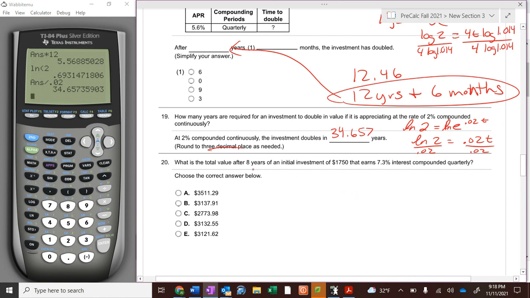Okay? What's the total value after 8 years if the initial investment is $1,750 that earns this much compounded quarterly? 1750 times 1 plus 0.073 divided by 4 to the 4 times 8 years.